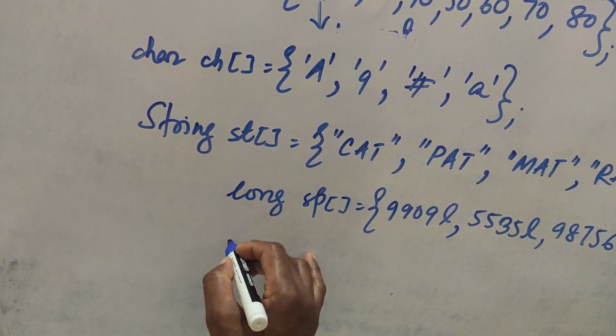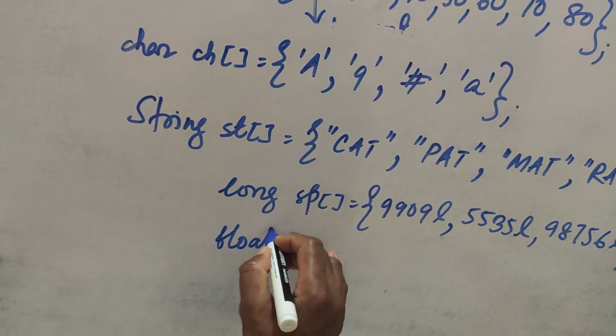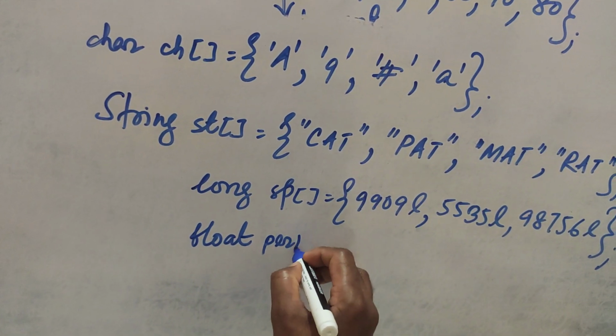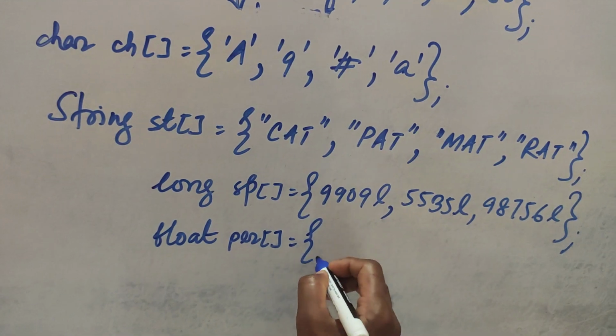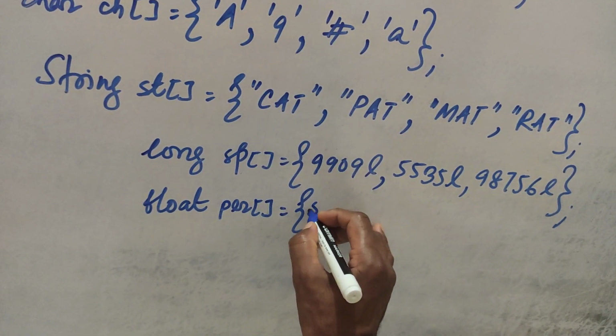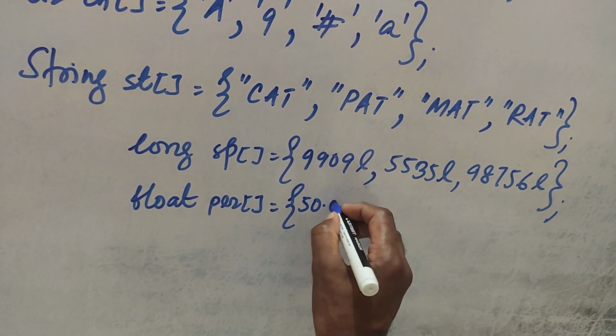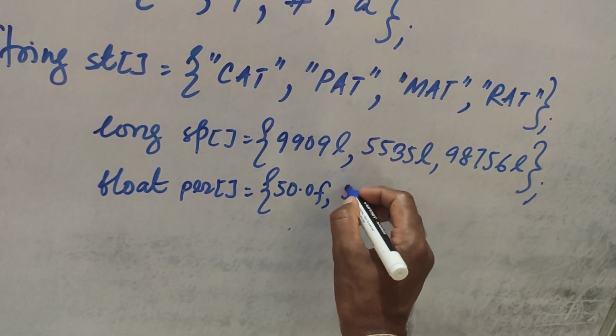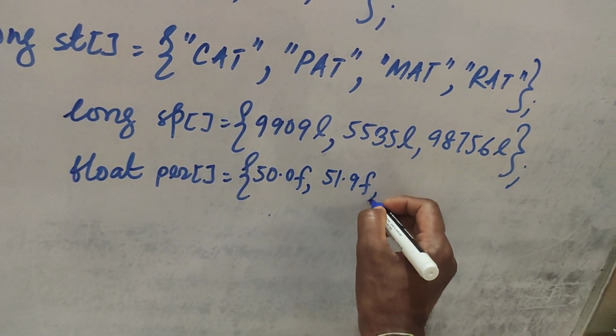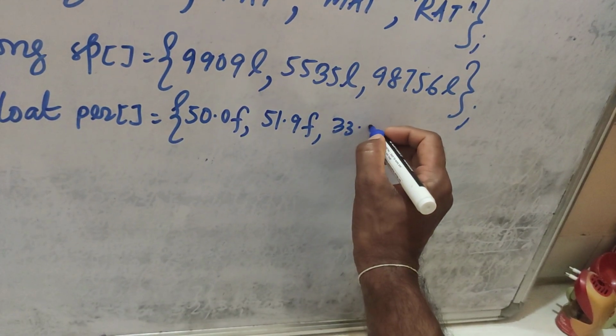If it is float, suppose par, when we declare float you have to give values like 5.00F, 51.9F, 33.0F.